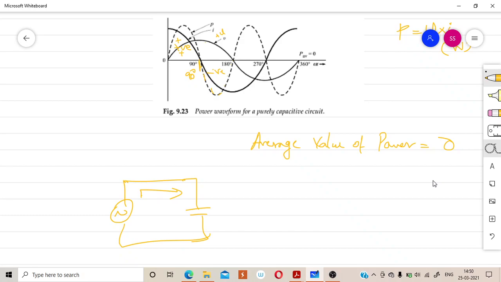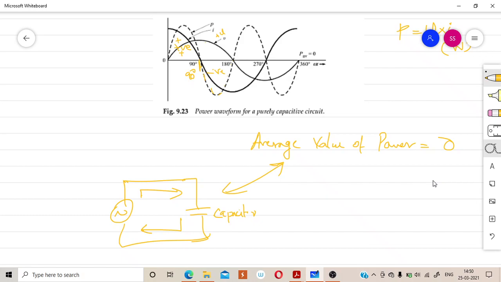From 90 degree to 180 degree, during the next half cycle, the power is negative. That means the direction of power flow is exactly reversed: from load, that is from the capacitor, to source, the power is flowing. So the net effect is 0. That is what we mean by the average value of power being equal to 0.